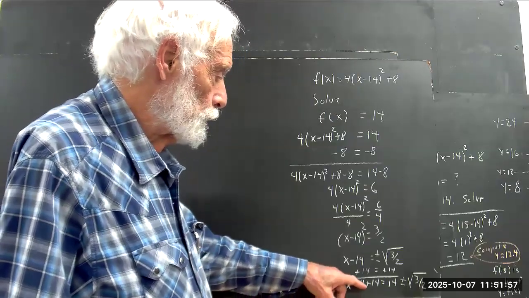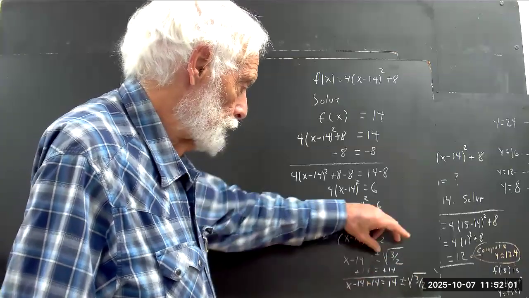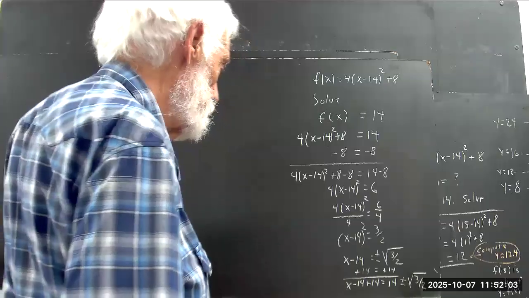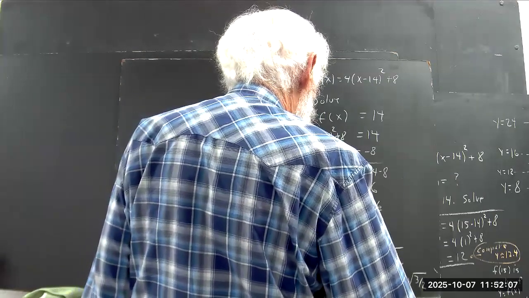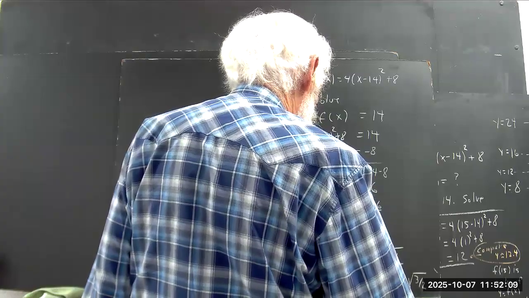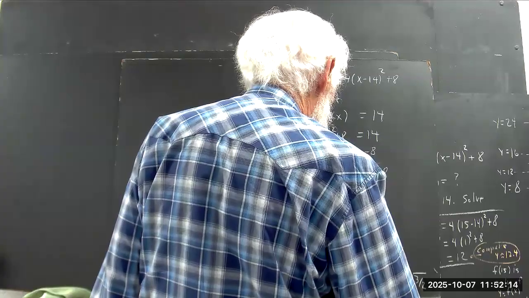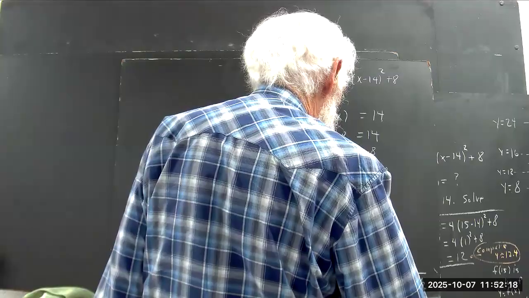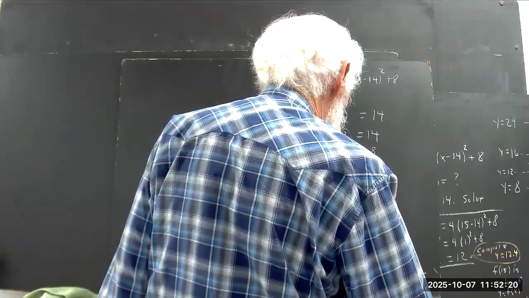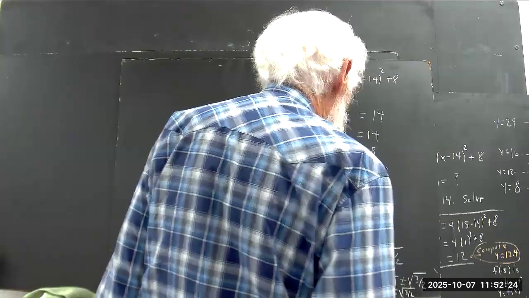So we get x minus 14 plus 14 equals 14 plus or minus the square root of 3/2, adding 14 on both sides. So our final solution is x equals 14 plus or minus the square root of 3/2.